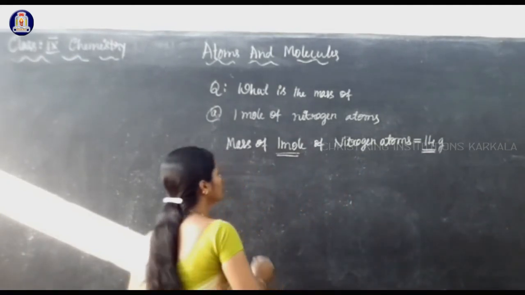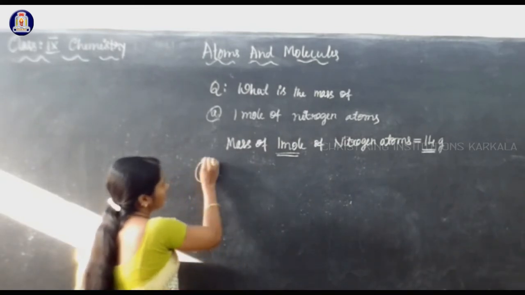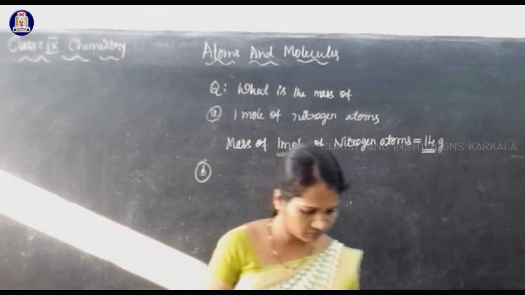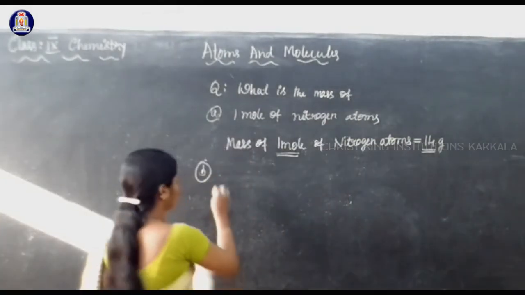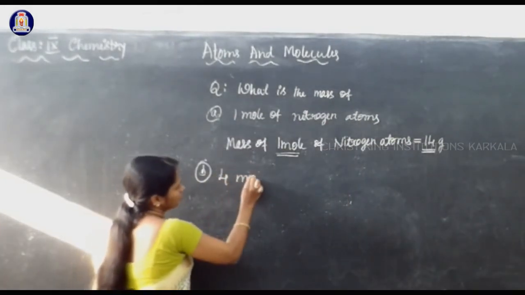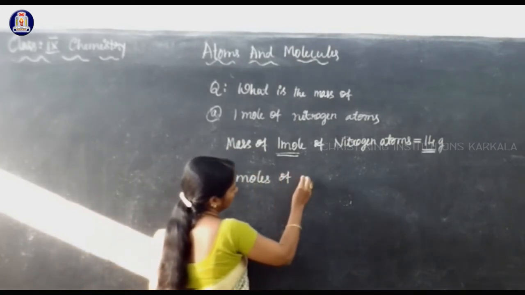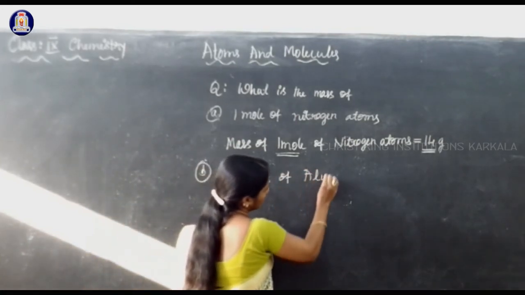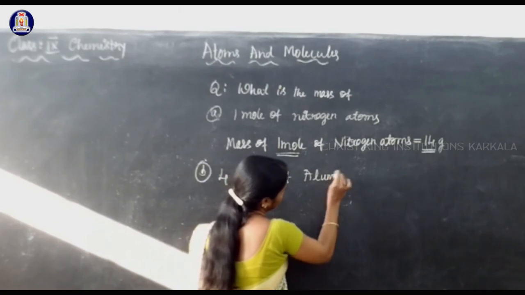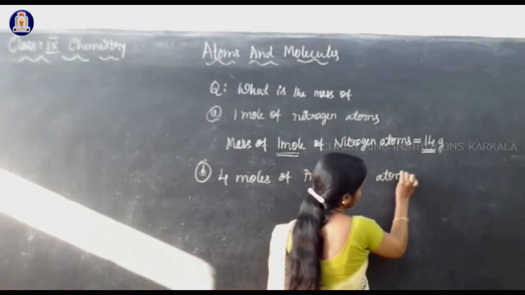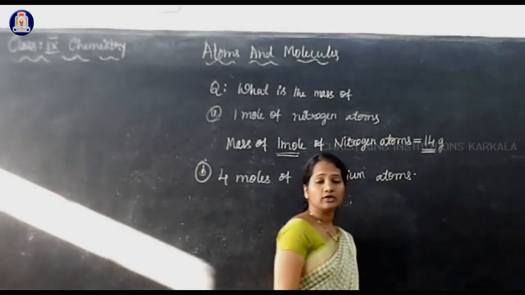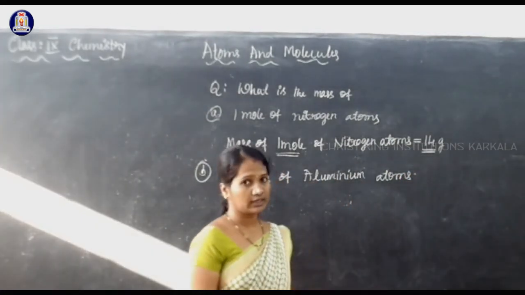So see the second question, B. What is the mass of 4 moles of aluminium atoms? It is also given in the bracket, atomic mass of aluminium is 27.